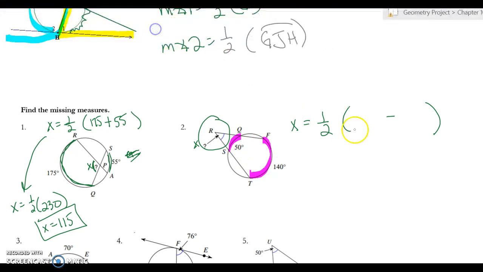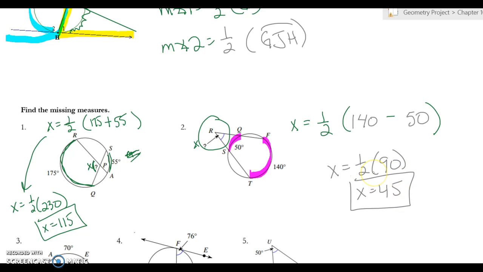So it'll be my big arc, that's not 150, it's 140, minus my small arc. So it's going to be 1/2 of 90. So that's going to be 45. So you're going to notice I keep saying my angle equals 1/2. Angle equals 1/2. And then from there you have to see if it's just half the arc, half of the sum, or half of the difference.